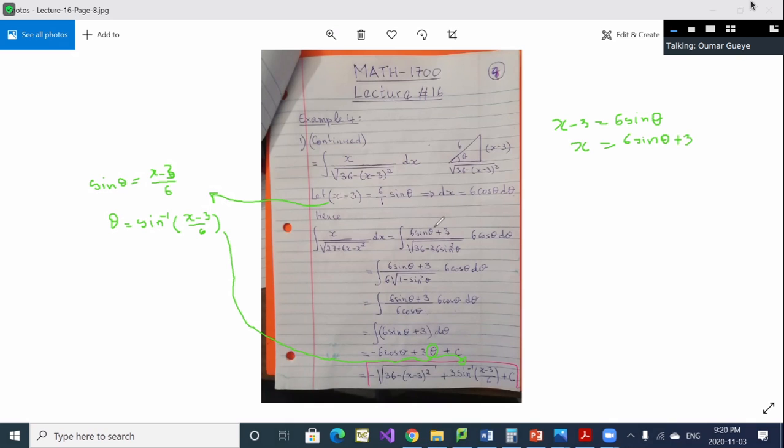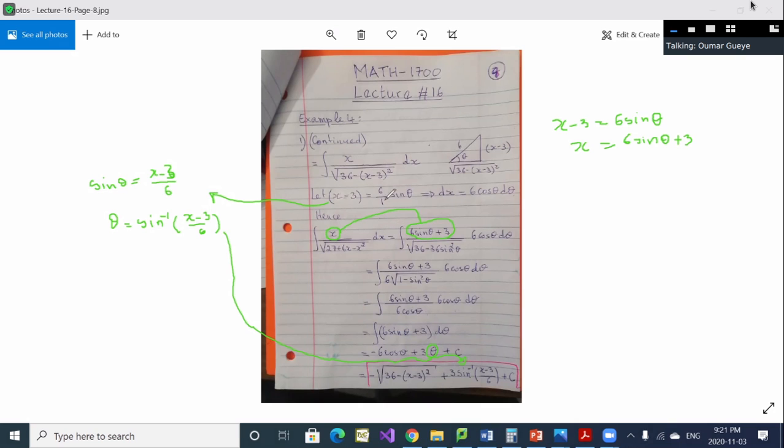And I replace it here on the top because I have x here. I replace it by its value to get exactly this numerator. Is it okay? And this is my dx.